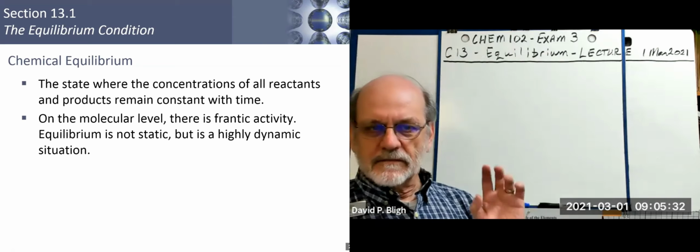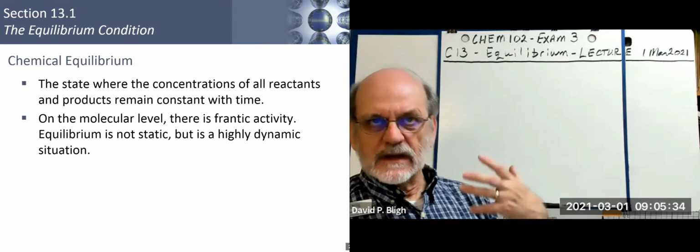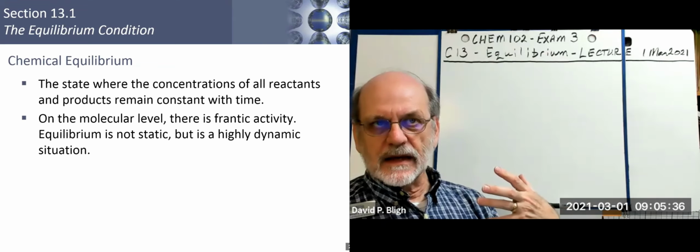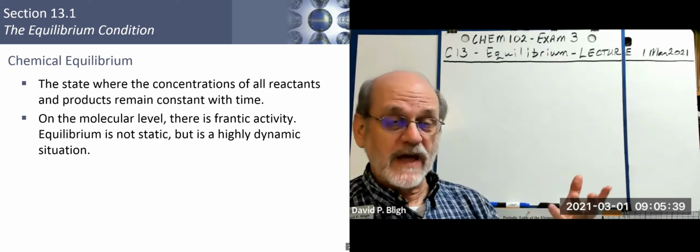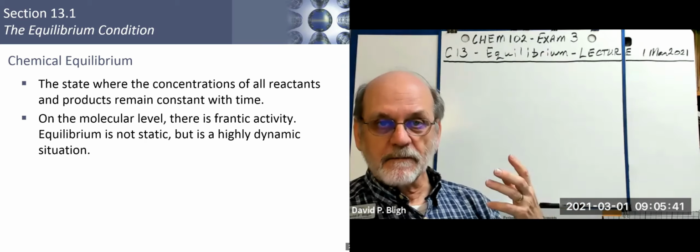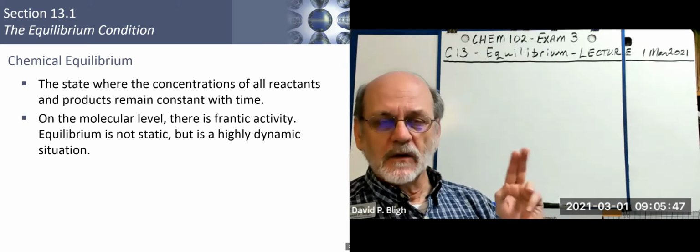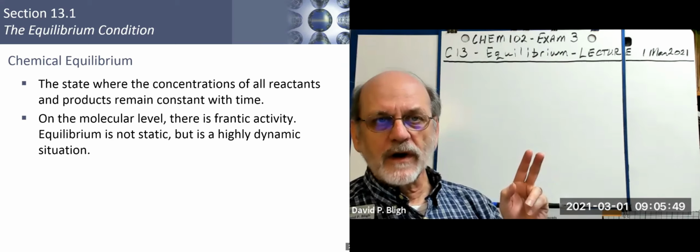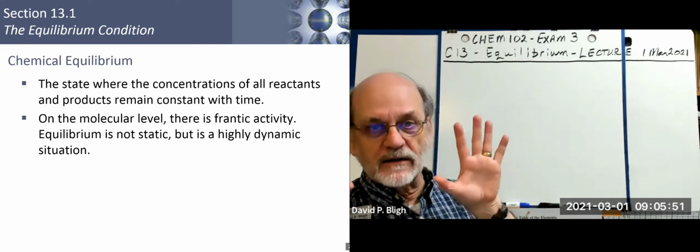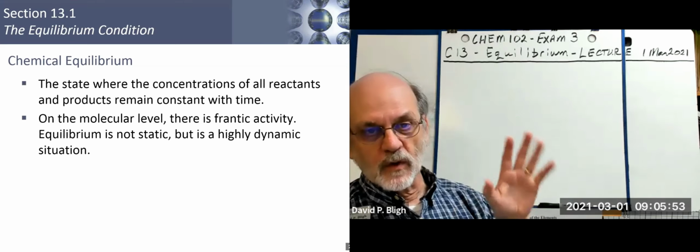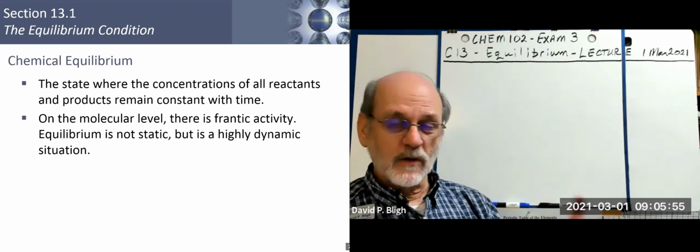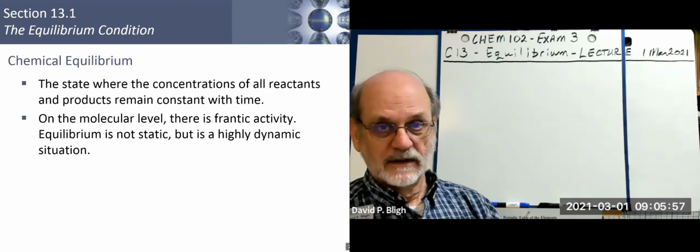Now, chemical equilibrium is best viewed in two different ways. One is what it appears to be from the outside, what we call the macroscopic world. What appears in a chemical equilibrium is that nothing is changing.